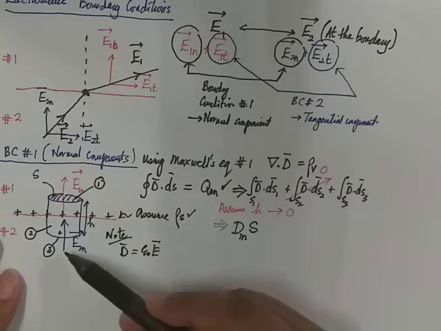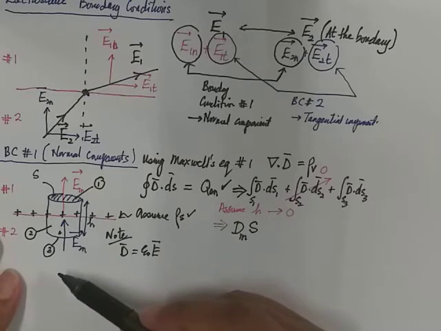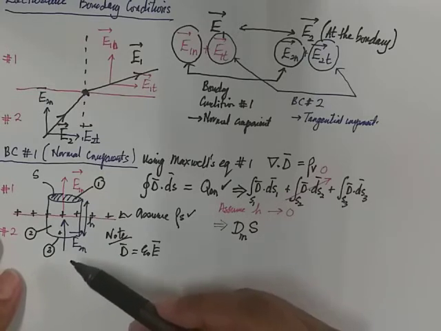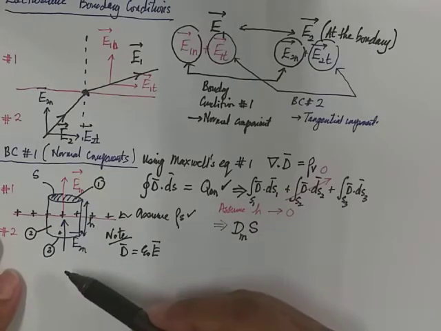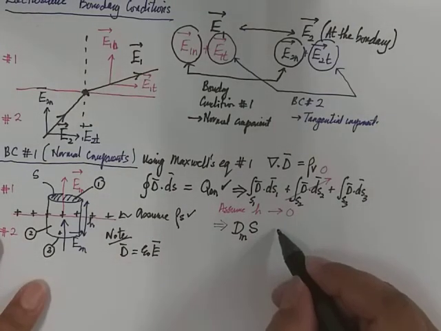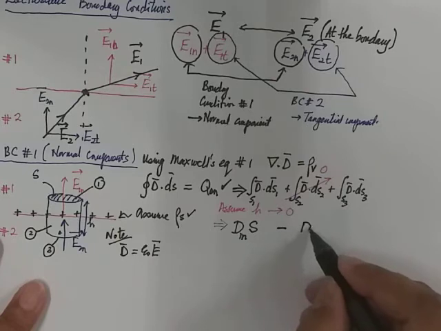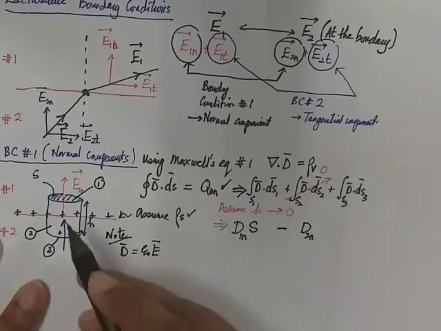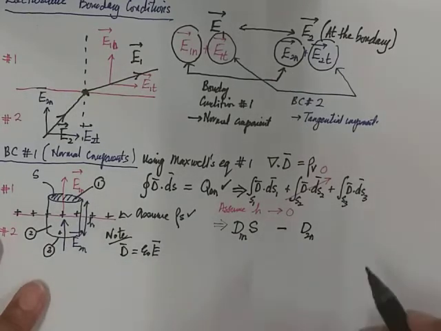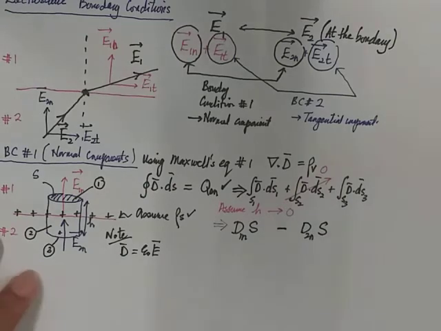Now you can see the directions of vector D and dS are opposite. So when you do the dot product, it's going to be negative. Then we have Dn, and since the areas at the top and bottom are the same, multiply with S. Okay, that should be the solution of Gauss's law for the left-hand side of the equation.